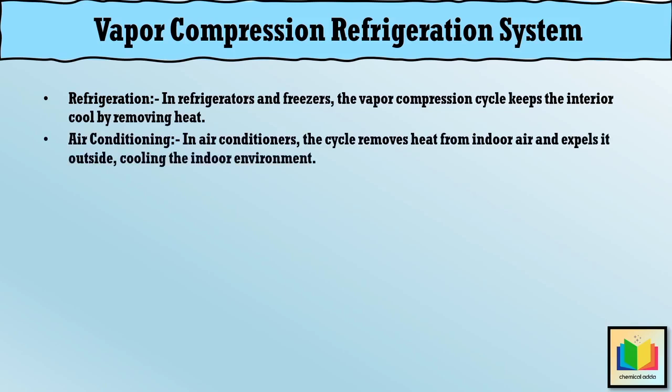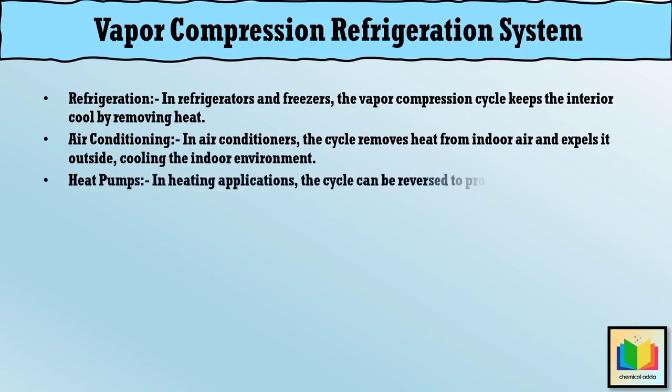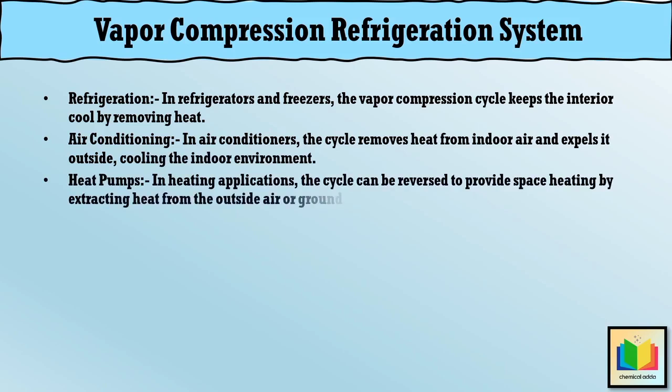And third application is heat pumps. So, in heating applications, the cycle can be reversed to provide space heating by extracting heat from the outside air or ground. Hence, the vapor compression cycle is fundamental to modern refrigeration and air conditioning systems. By cyclically compressing, condensing, expanding, and evaporating a refrigerant, the cycle effectively transfers heat from one place to another, enabling temperature control in various applications.